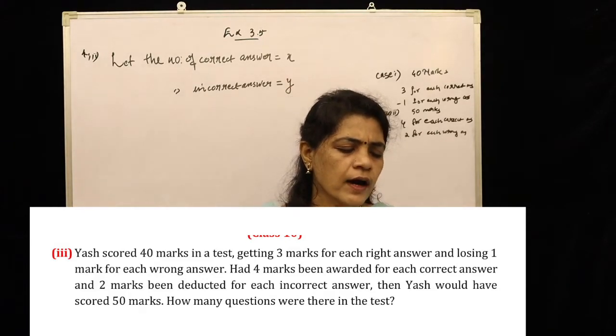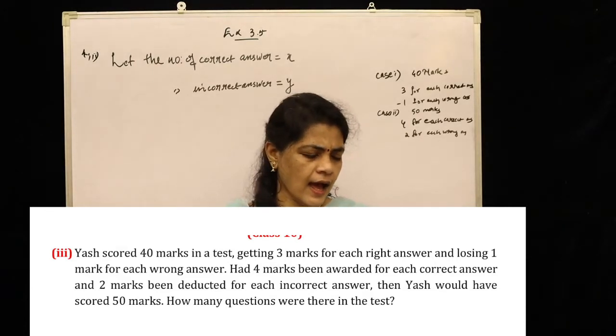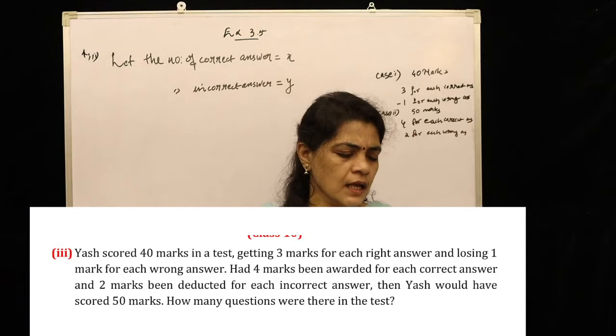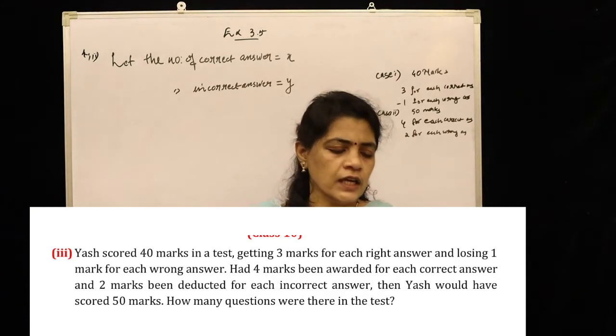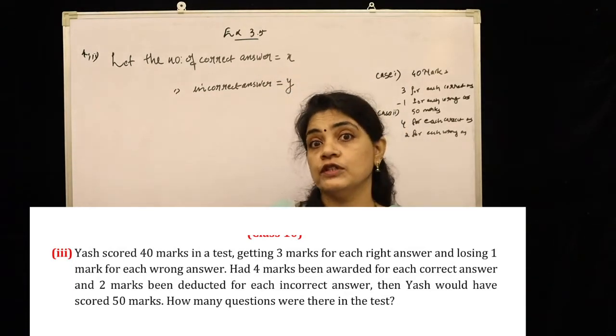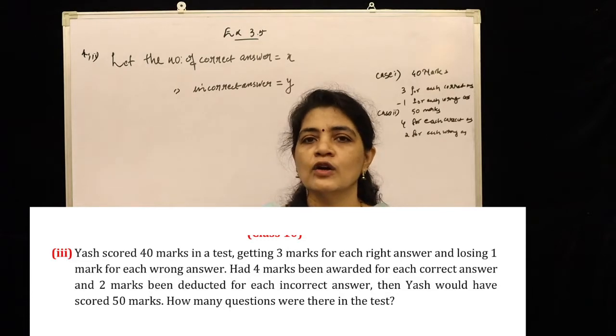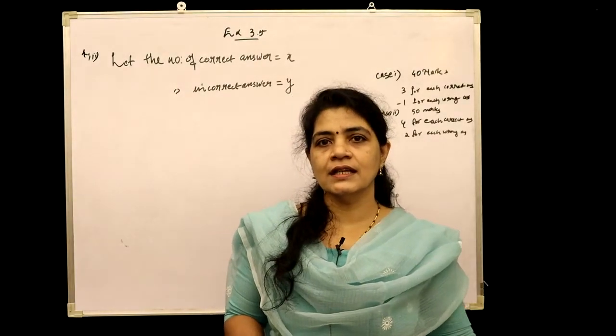Had 4 marks been awarded for each correct answer and 2 marks been deducted for each incorrect answer, then Yash would have scored 50 marks. Find the total number of questions in that test. That is the question. Is it clear, children?